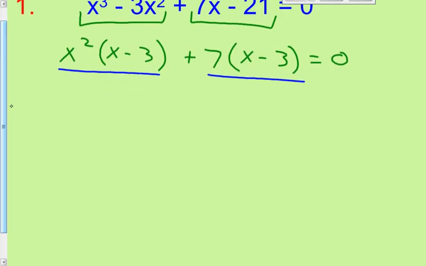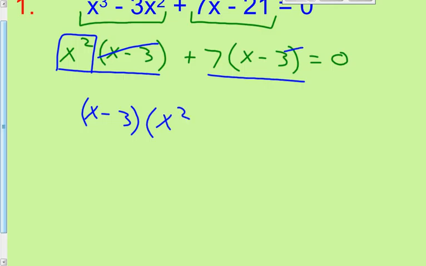Hopefully you see it's the quantity x minus 3. So you could factor that out in front, and then what do you have left? After you've taken out this x minus 3, you have x squared left, and after you've taken out the quantity x minus 3, you have this 7 left, and it's a positive 7. So then you get the quantity x minus 3 times the quantity x squared plus 7.